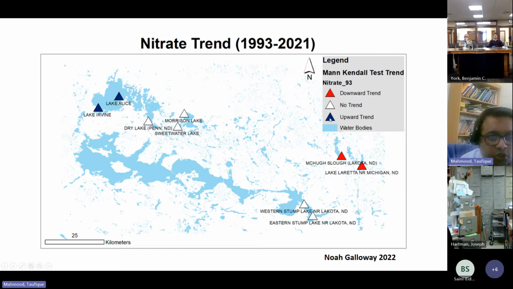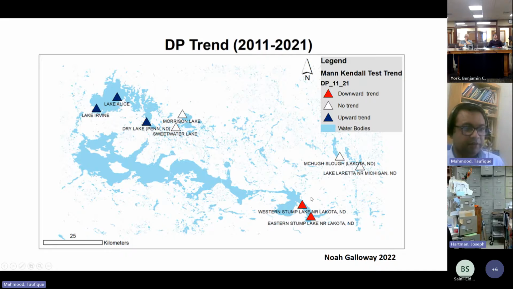The blue triangle shows an upward trend, the red triangle shows a downward trend, and the white triangle shows no trend. As you see, the nitrate concentration is rising in Lake Irvine and Lake Alice, while McHugh Slough and Lake Larita have a downward trend, and we don't see any trend over here.